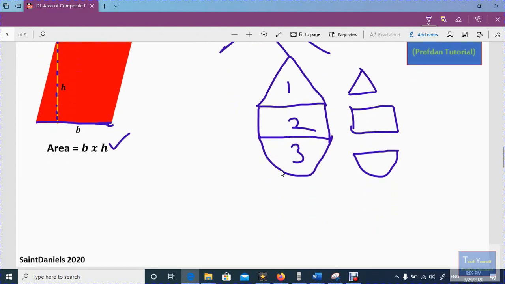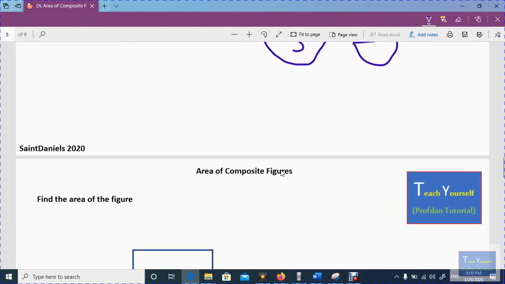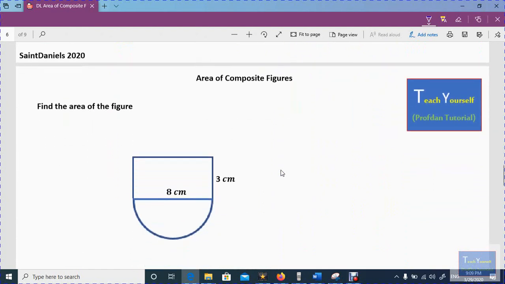Quickly, we look at basic examples in this part 1 video of area of composite figures. Question 1 says, find the area of the figure. This is a figure. So the first thing you should do is, can you split the figure into recognizable ones? Yes.